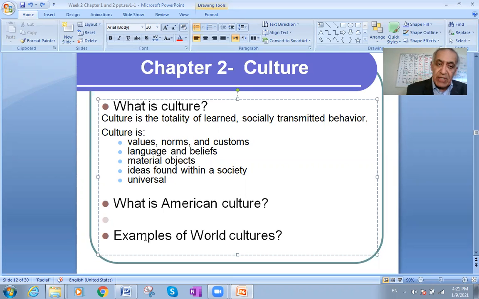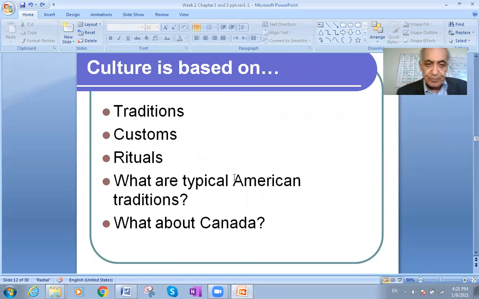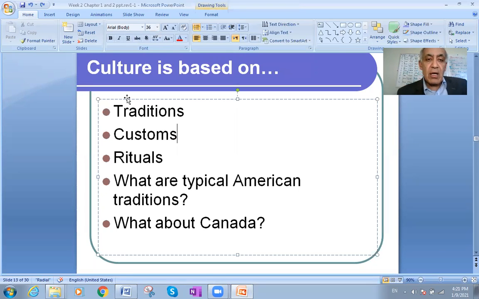So culture includes all those values, norms, beliefs, ideas, even the expressions themselves. It goes inside the values, inside the culture. It is based on the traditions, on what you inherit from your ancestors, customs, what you ought to do, what not to do, rituals, for example religious or whatever, or any beliefs.